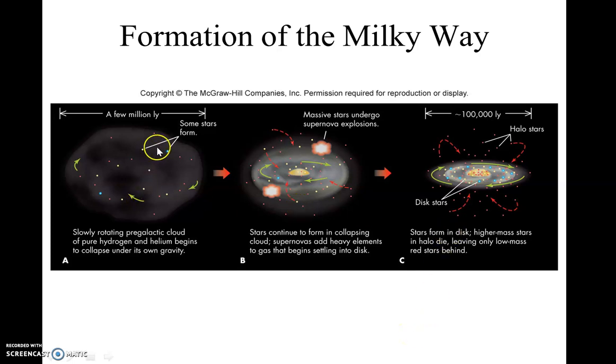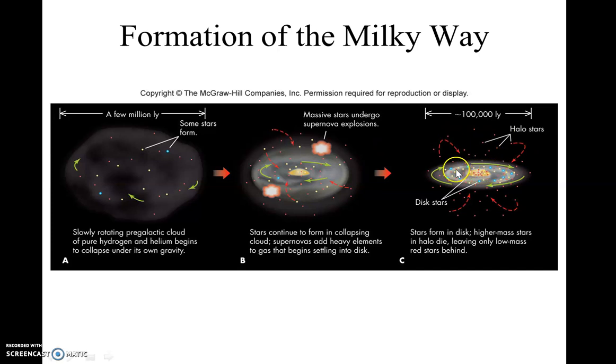Okay, so as we said, there's a giant cloud of gas, mostly hydrogen and helium, that comes from the Big Bang, and it collapses due to gravitation. The larger stars undergo very quick, very massive supernova explosions, seeding the remaining gas with first generation metals, if you will.